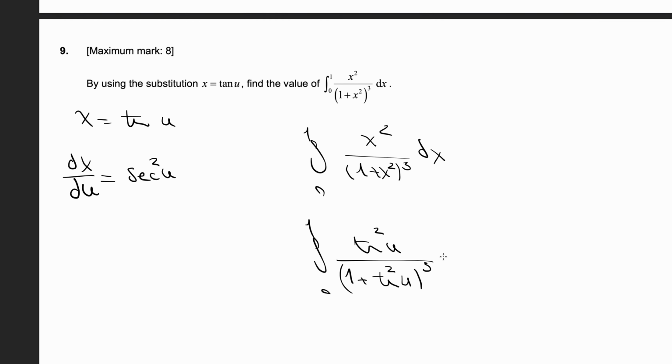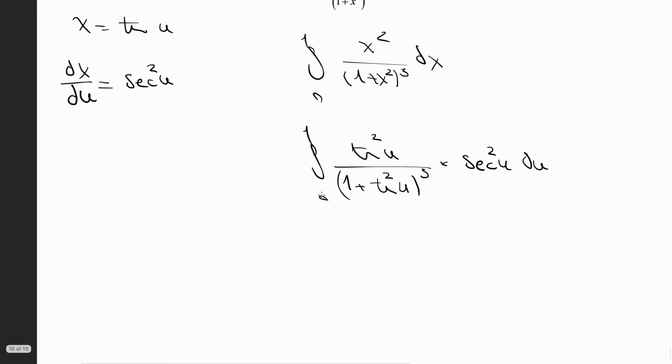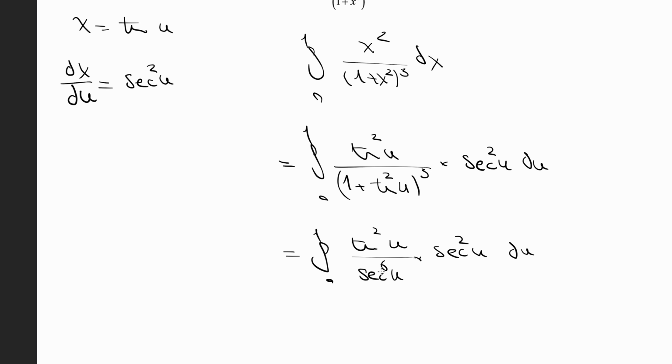So dx will be sec squared of u du, and we know that 1 plus tangent squared of u is simply sec squared of u. So if you substitute in sec squared of u to the power of 3, it's going to be sec to the power of 6u multiplied by sec squared of u du. So this will become sec to the power of 4u, and this will be cancelled out.